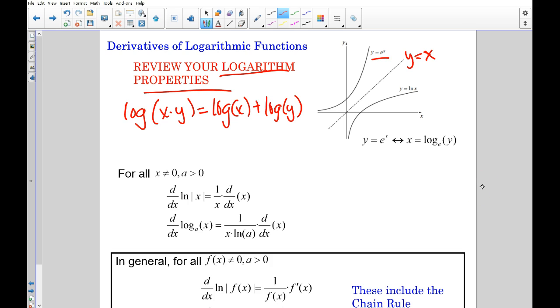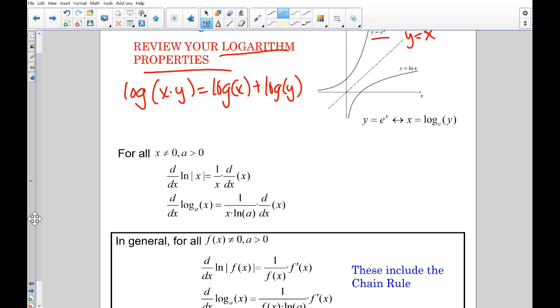Okay. Now, when we look at the derivatives, we're going to take these at face value right now. If you want to know their exact derivation, they are in many calculus textbooks, using, again, the basic definition of a derivative. So we say that the derivative of natural log of the absolute value of x, and we have absolute values here just so that we don't run into any domain issues.